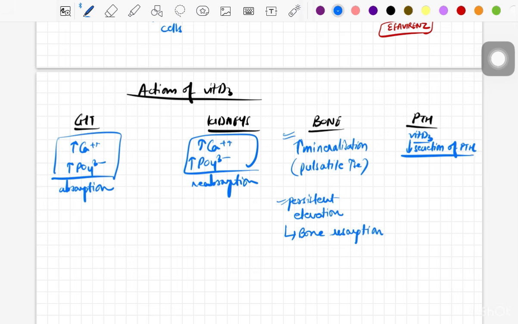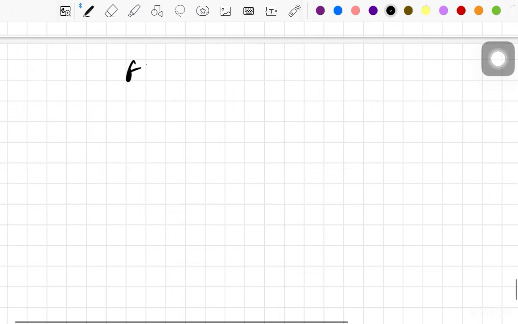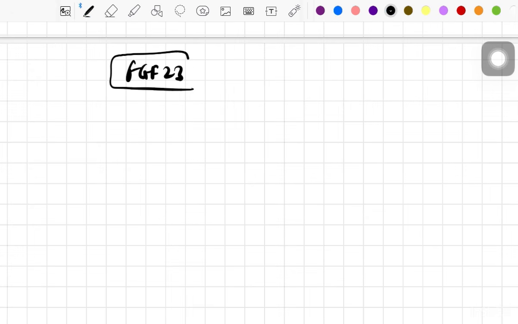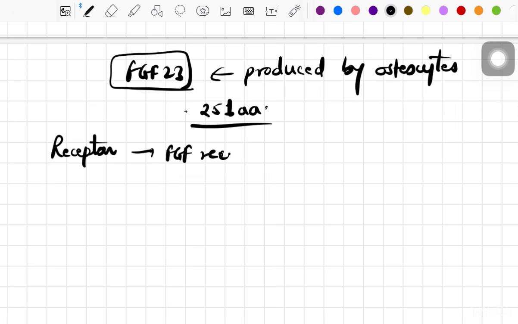So this is about vitamin D3, and the last thing that we are going to discuss is FGF23. FGF23 is a molecule which is produced by osteocytes. It is a 251 amino acid compound, and the receptors for FGF23 are FGF receptors numbered 1, 2, 4.